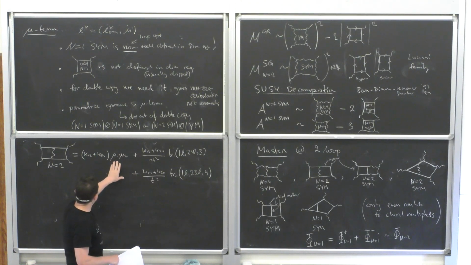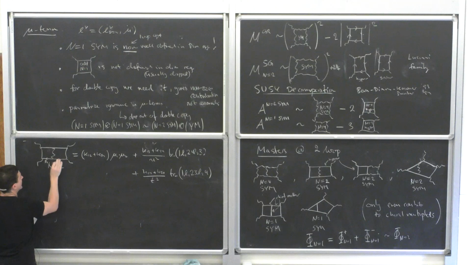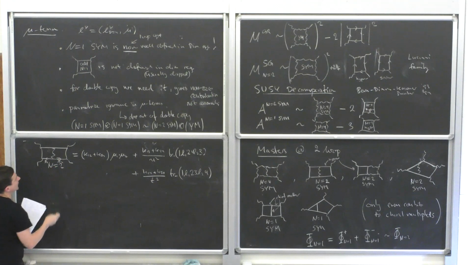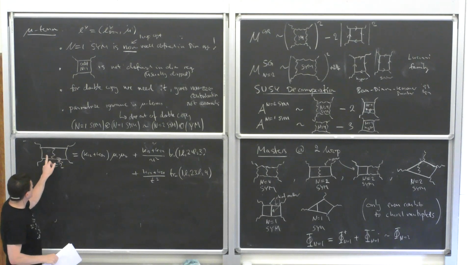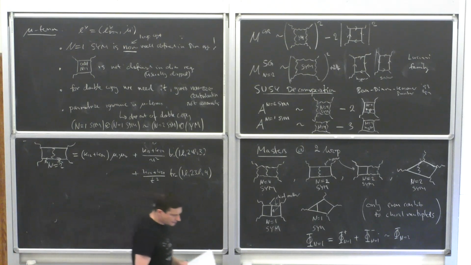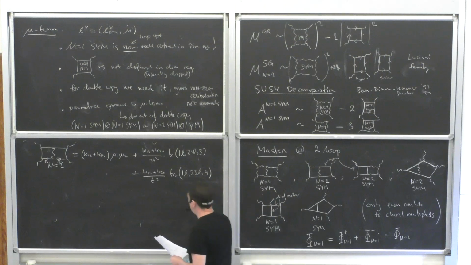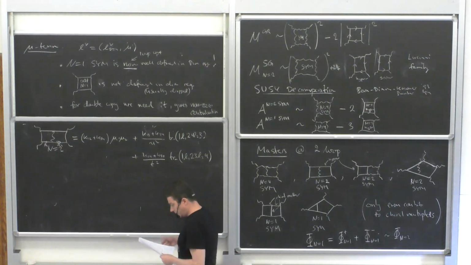Anyhow, you see that there are some mu terms. This is L1, sorry, L2. This is simply the dot product of the mu term in this loop and the mu term in the other loop. It's very simple.